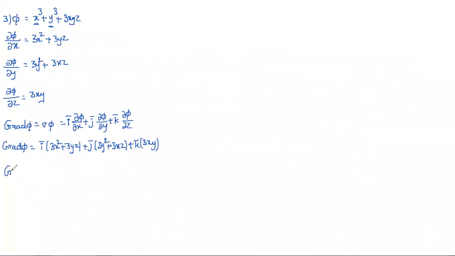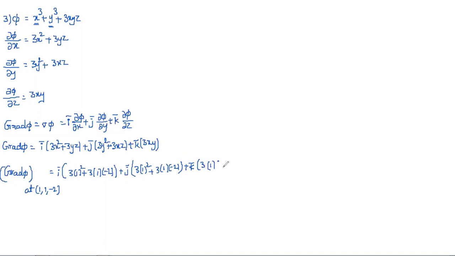So grad phi at 1, 1, minus 2 is nothing but, if we substitute x as 1, y as 1 and z as minus 2, i into 3 into 1 square plus 3 into 1 into minus 2, plus j into 3 into 1 square plus 3xz, that is 3 into 1 into minus 2, and plus k into 3 into x, which is 1, and y is also 1.